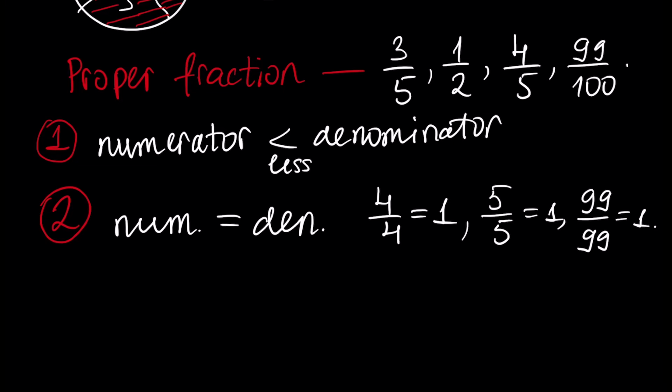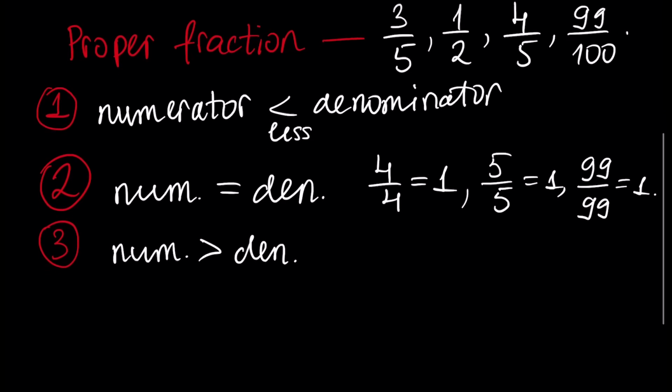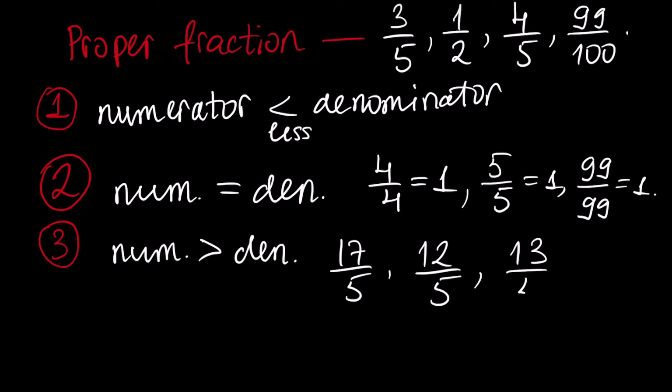Another case, number 3, is when the numerator is bigger, greater than the denominator. In this case, for example, 17 over 5, 12 over 5, 13 over 4, and so on.